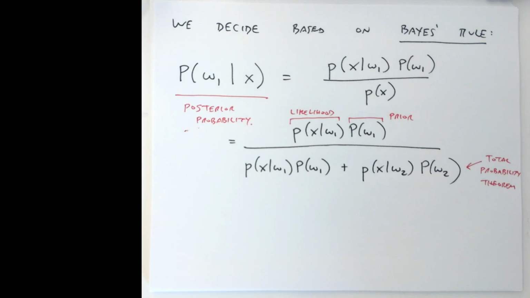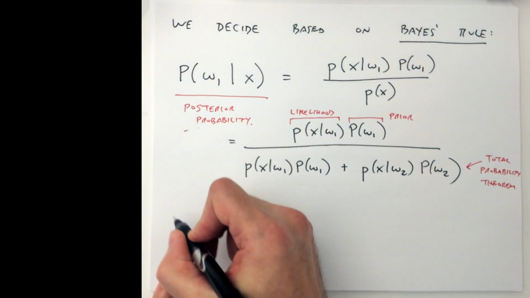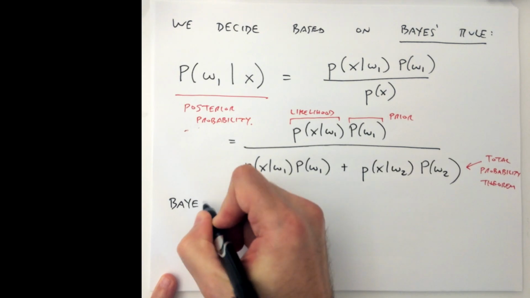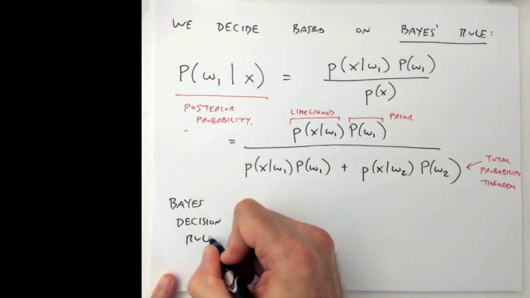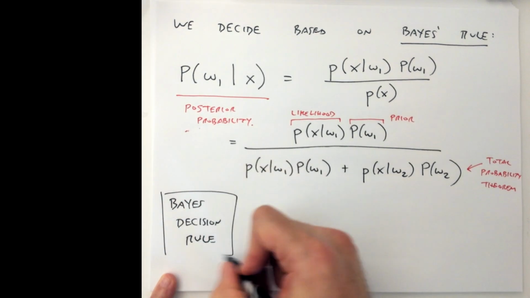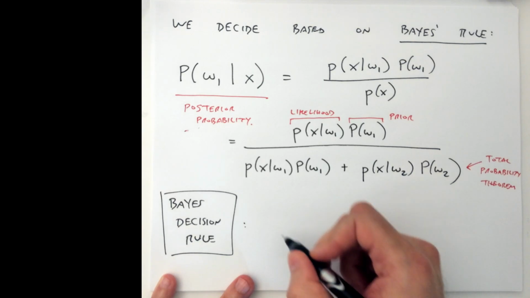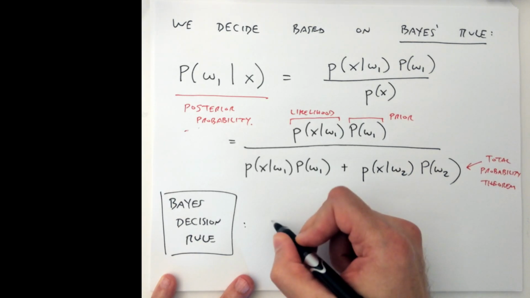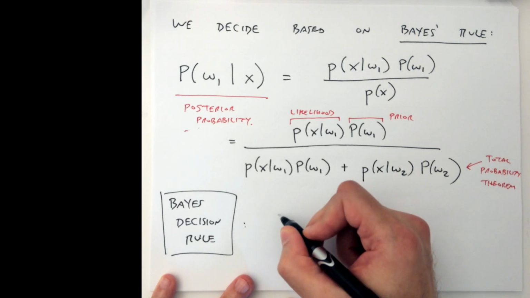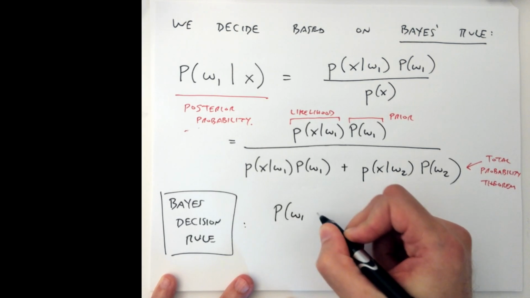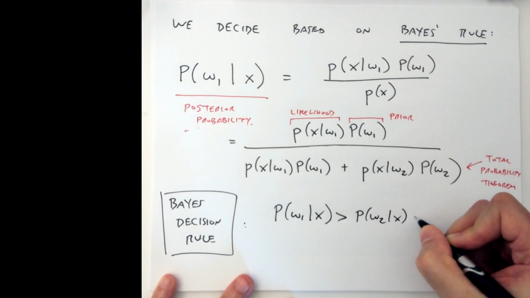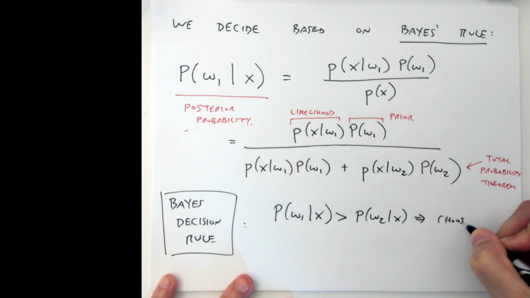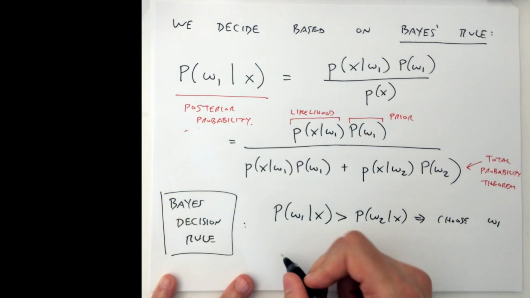And so the Bayes decision rule is basically saying, I'll put this in a box. I choose, if this thing is greater than this thing, then I choose omega 1.